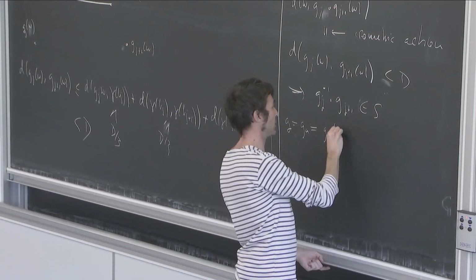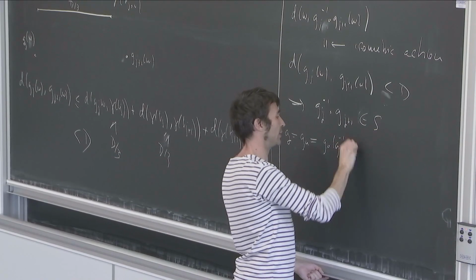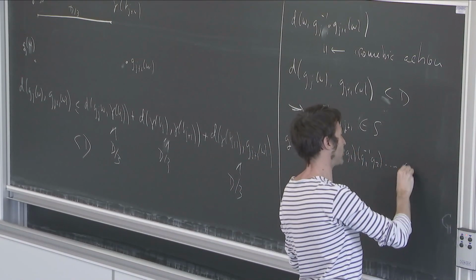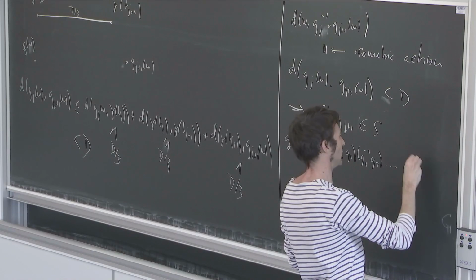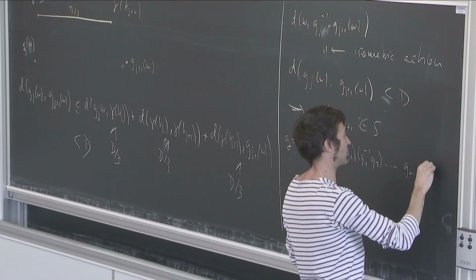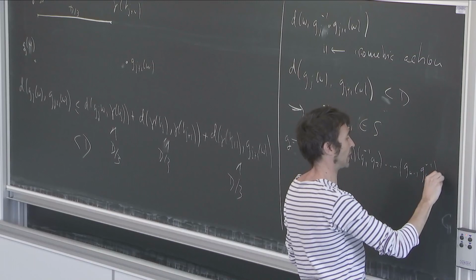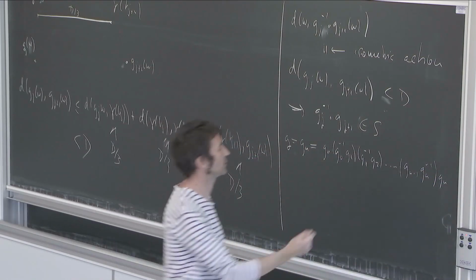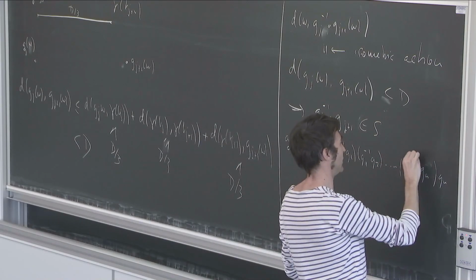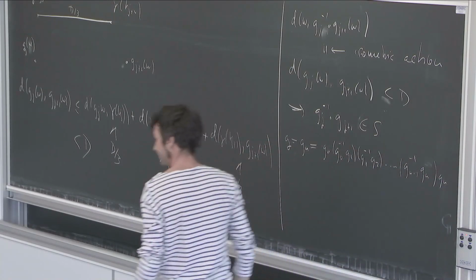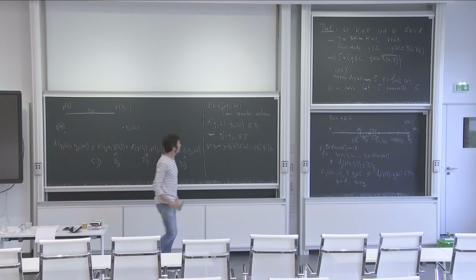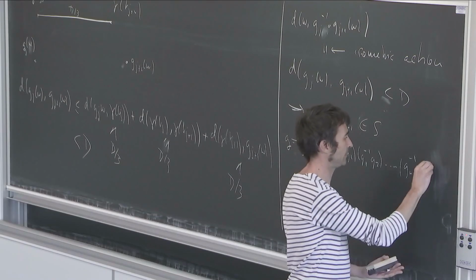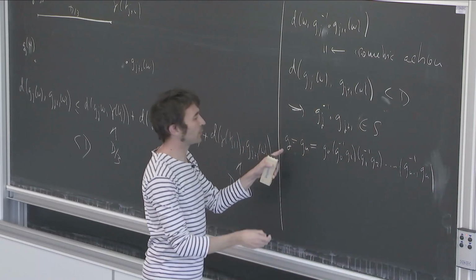Then I have G0 inverse G1 times G1 inverse G2. And in the end, I have Gn minus 1 inverse Gn. Oops, it doesn't work. It's normal. Got mixed up, sorry. Okay. So I can write my element G like that.